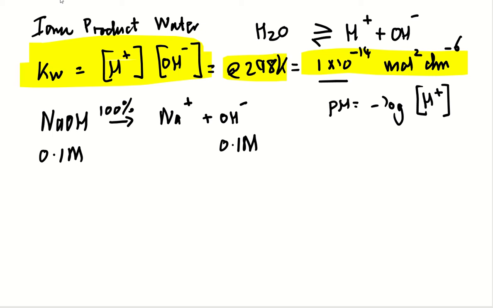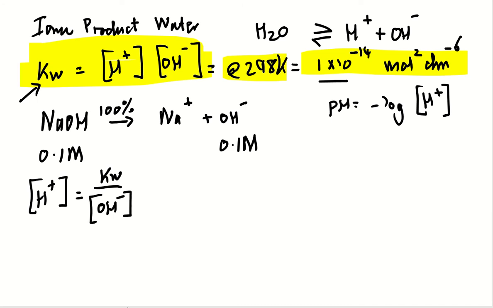Well, that comes from rearranging the Kw, or the ionic product of water expression. Because if I rearrange that, I can make H plus my subject: H plus equals Kw over the concentration of the hydroxide ions. Now you might be saying, well, hold on, where the heck are these H plus ions coming from in an alkali?